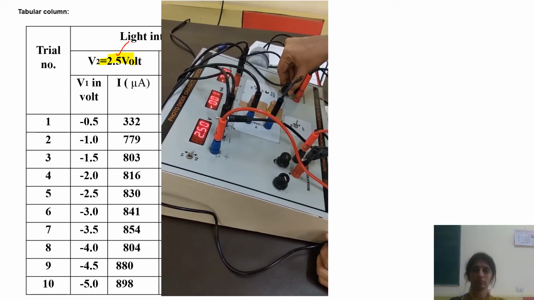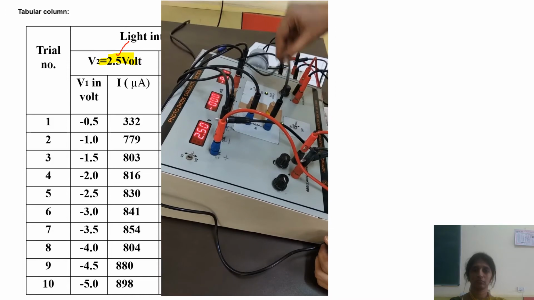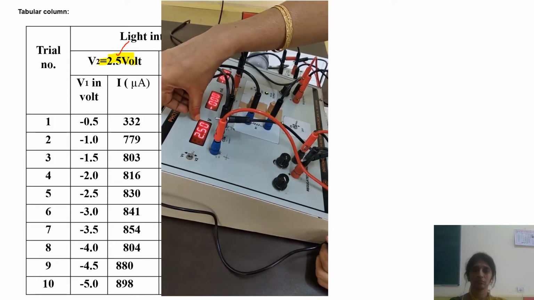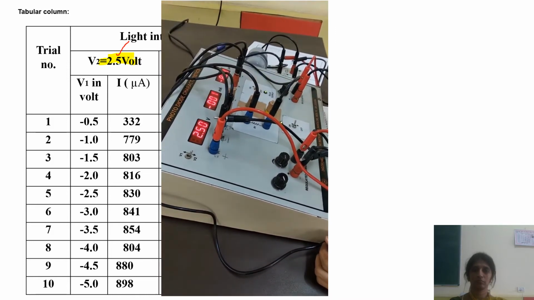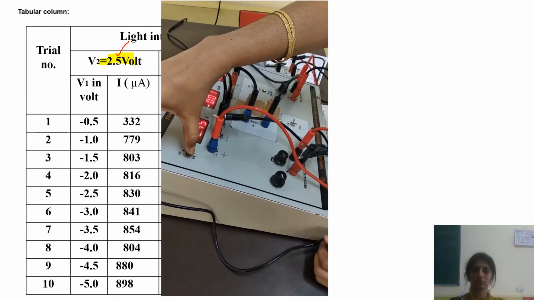You can see here bulb voltage 2.50. Once 2.50 is set, switch it to V1.